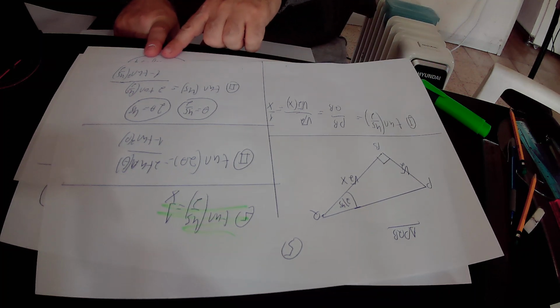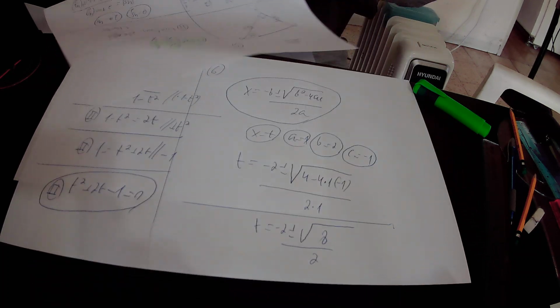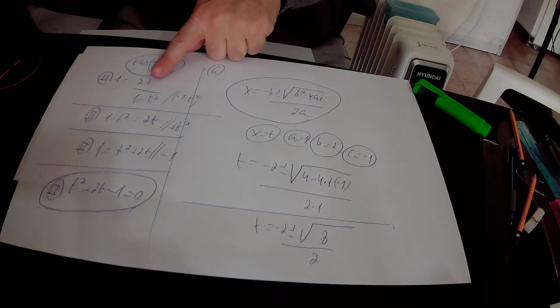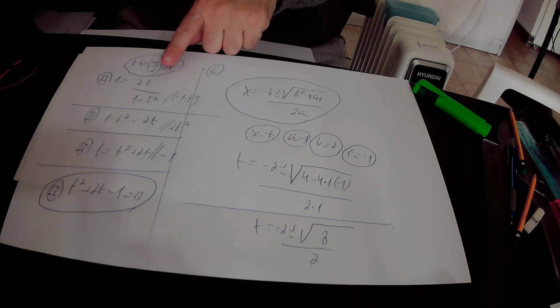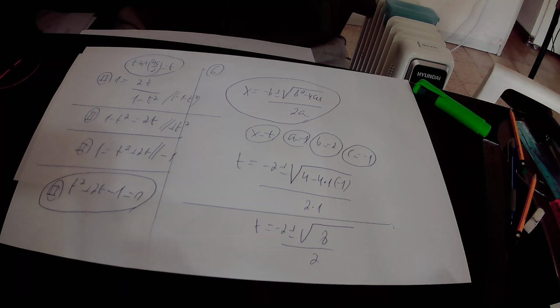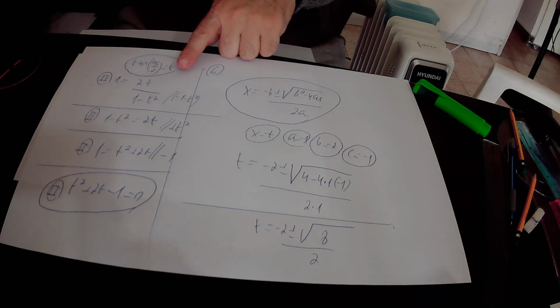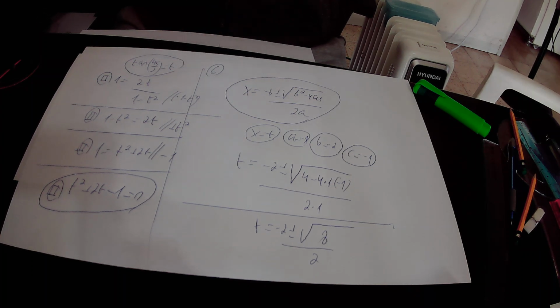So in total, in the denominator we have 1 minus t square. So according to equation number 2, 1 equals 2t over 1 minus t square. Multiplying this equation by 1 minus t square, we find that 1 minus t square equals 2t.